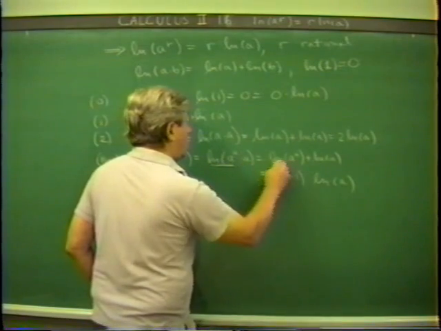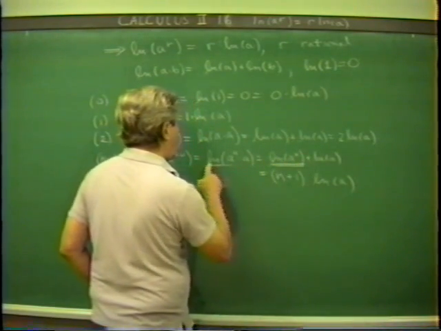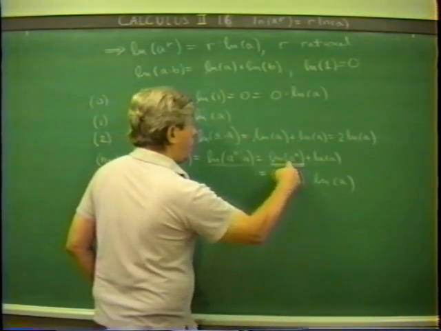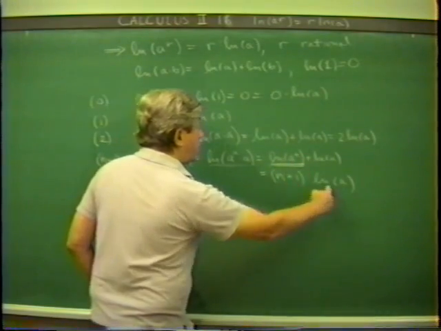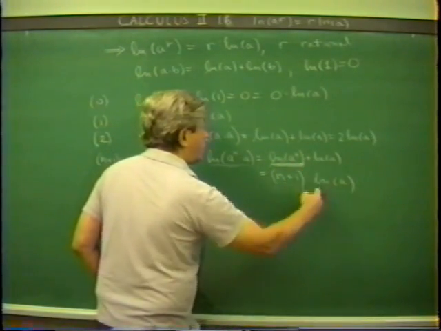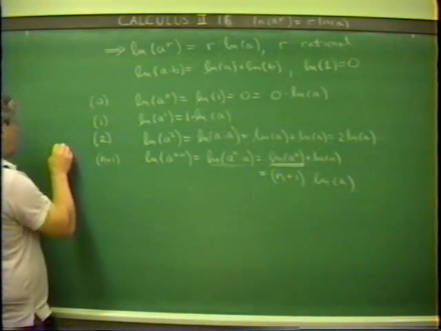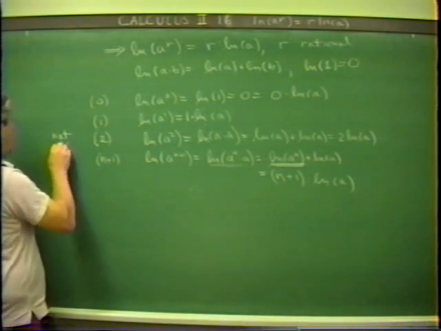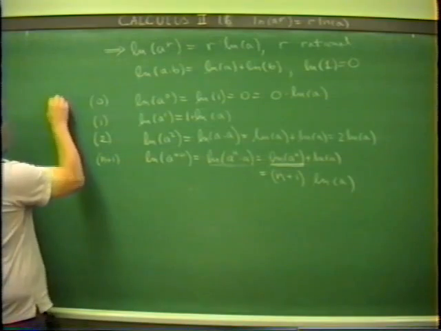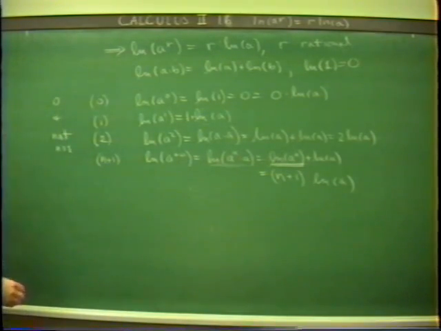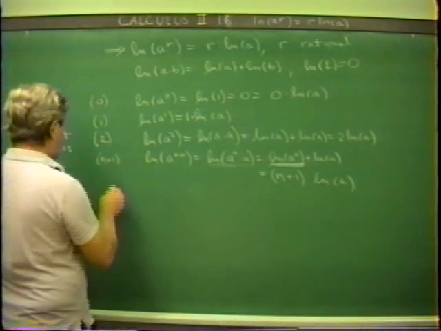So when it's true for n, we use that fact right here. It's going to be true for n plus 1, because we're going to get one more. So now it's true for all natural numbers, and 0.